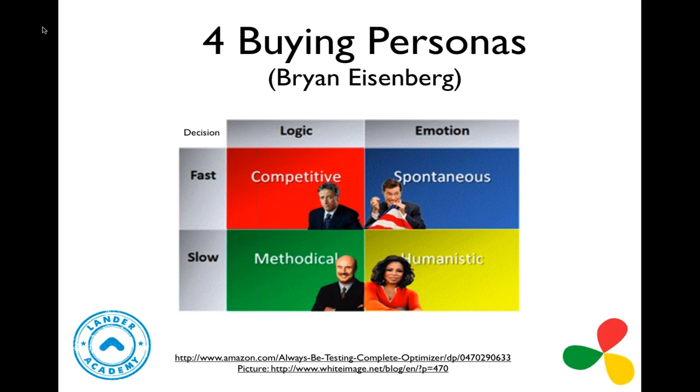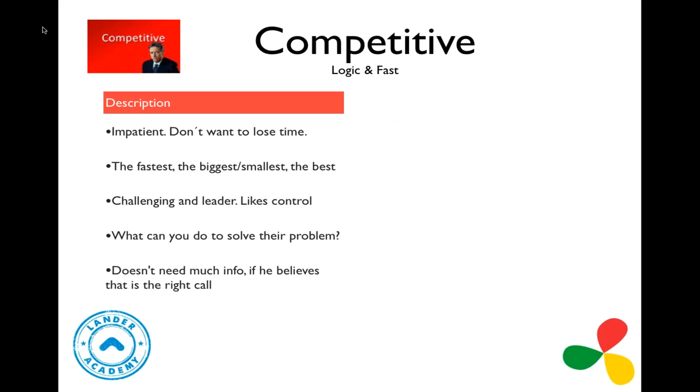Of course, we are not completely 100% in one, but this is a model that really helps to understand the different personalities behind anyone, not only your users. Okay, so if you are logic deciding and fast deciding, you are a competitive buying personality, buying persona, whatever you want to call it.